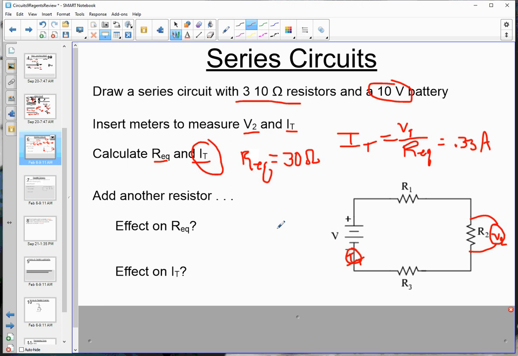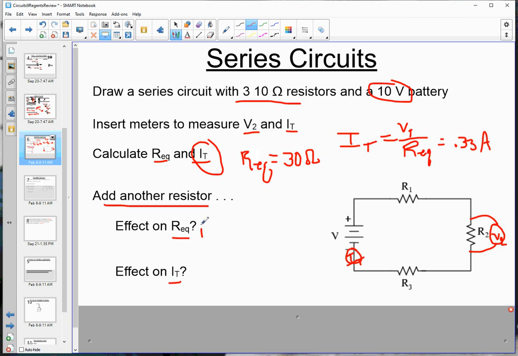There was also a circuits wrap-up video that I made for you that talked about what is the effect on REQ and I total if you add another resistor. Why don't you pause the video for a moment and think about that? Well, if you add another resistor, our equation says the equivalent resistance is the sum of the resistors.